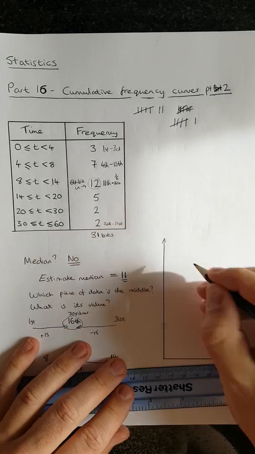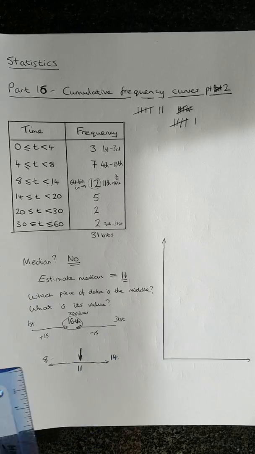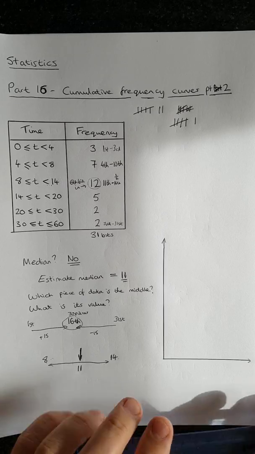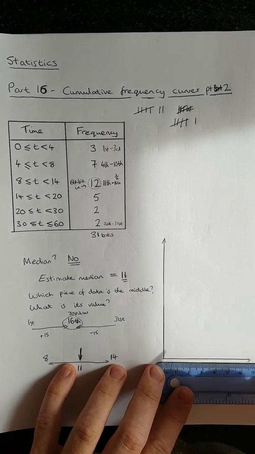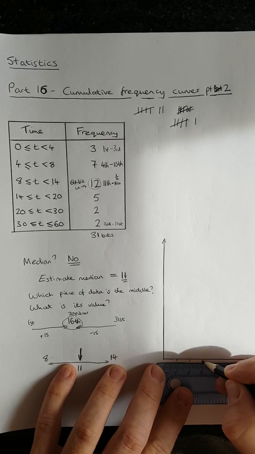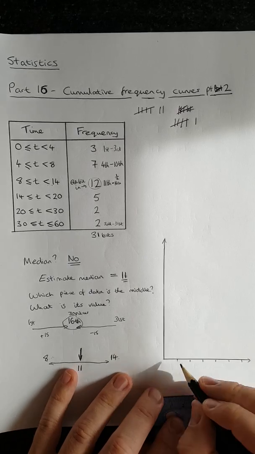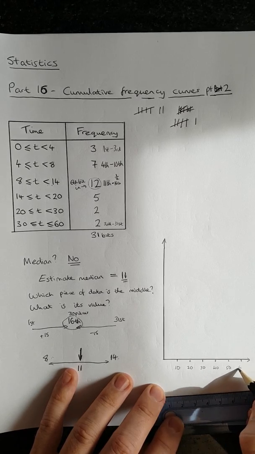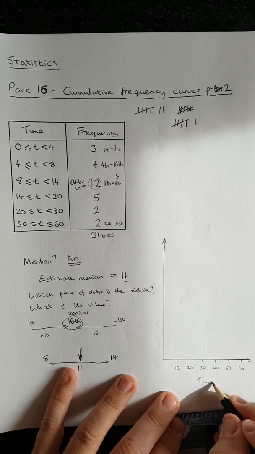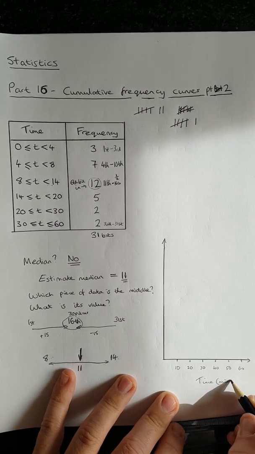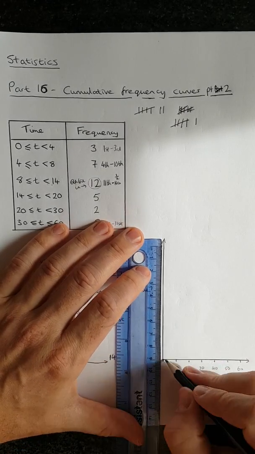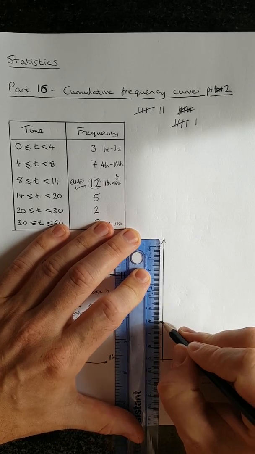So, what I'm going to do here is plot a series of facts, and I'm going to plot them in order to try and estimate what's happening between those facts. So time in minutes is along the bottom there, and I'm going to plot a series of facts on my y-axis.